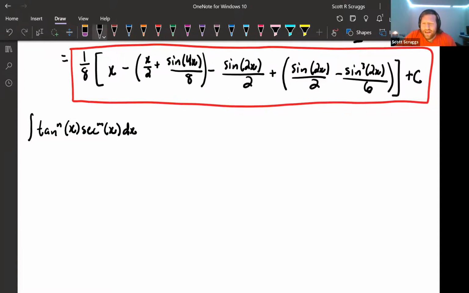Unlike with the sine and cosine scenario, where there's a lot of symmetry, for the tangent and secant integral, there's a subtle difference between the two of them. And again, I'll explain both of these scenarios with examples.